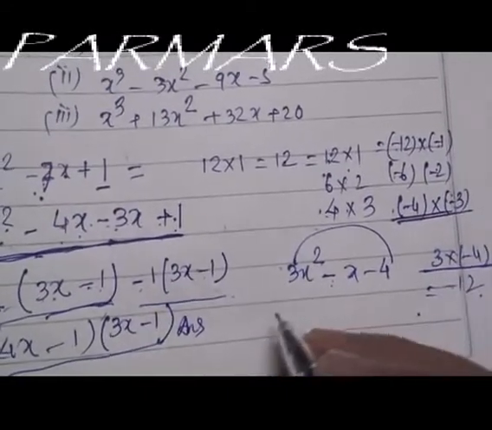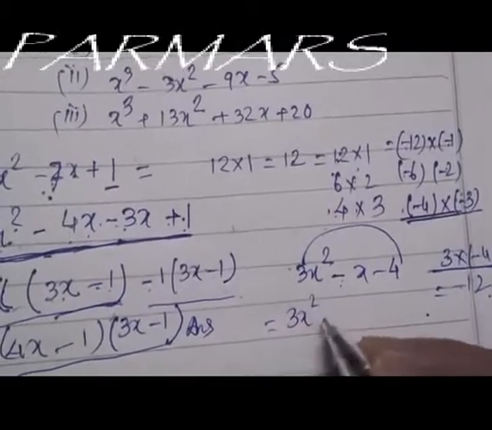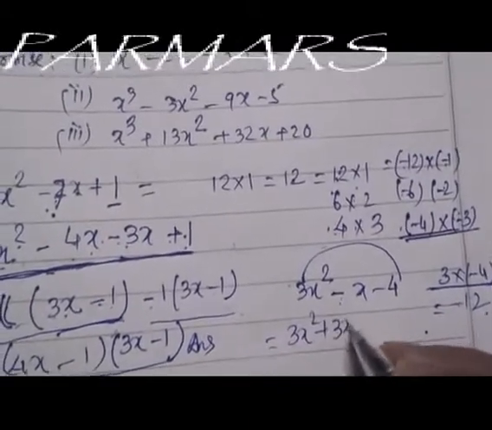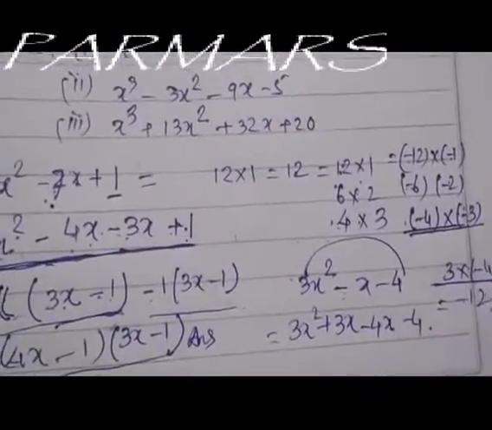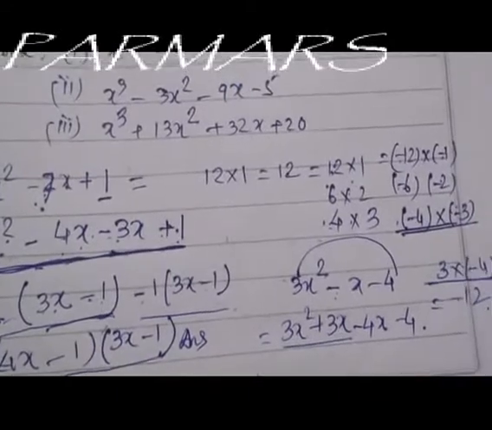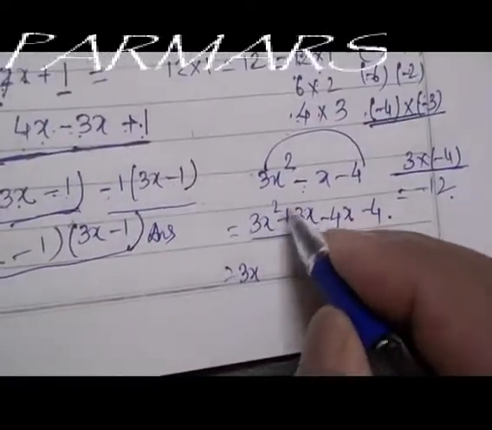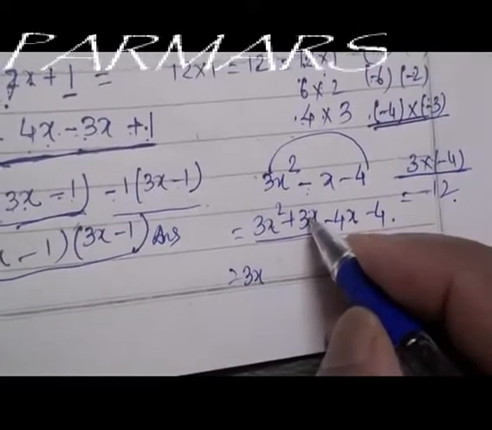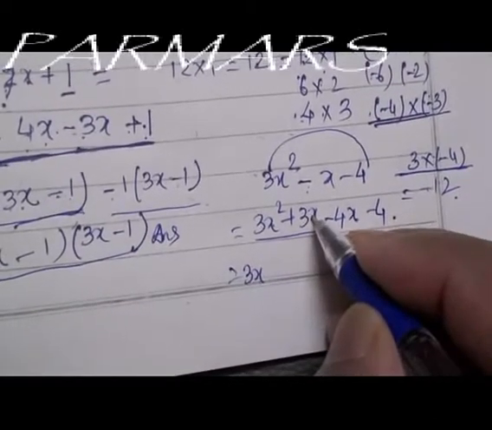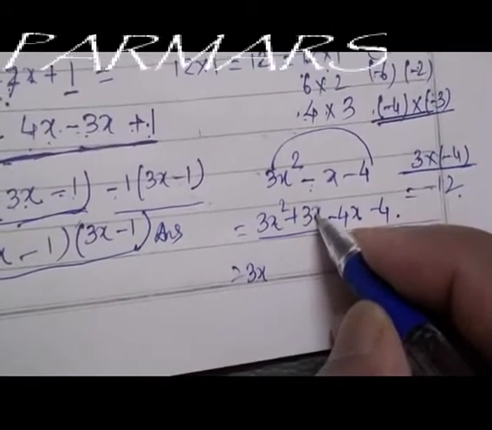So don't try much here, directly 3x square plus 3x minus 4x minus 4. From the first two, 3x is common, because 3 and 3 give 3 common, and from x square and x, as I said, the variable with the lowest power is the common factor, the HCF.